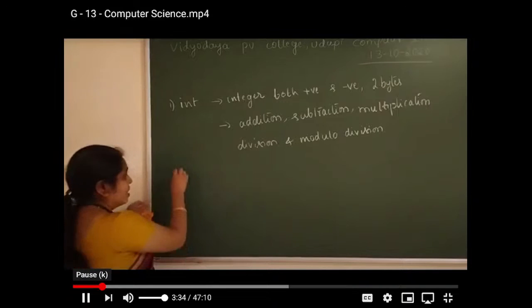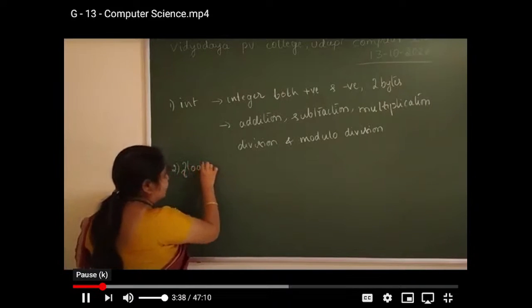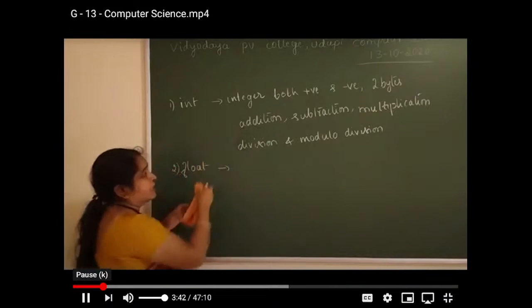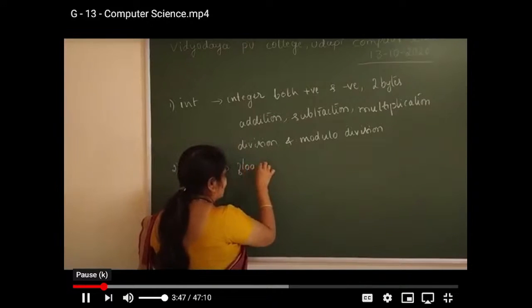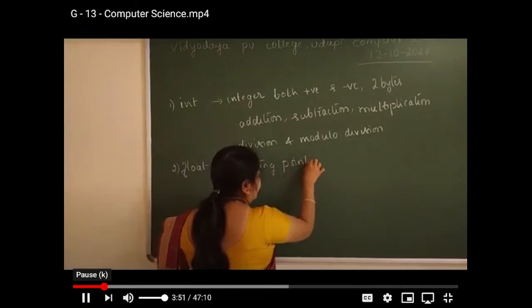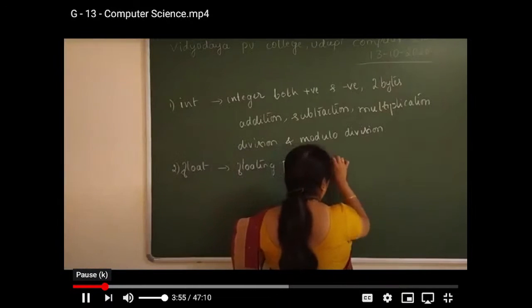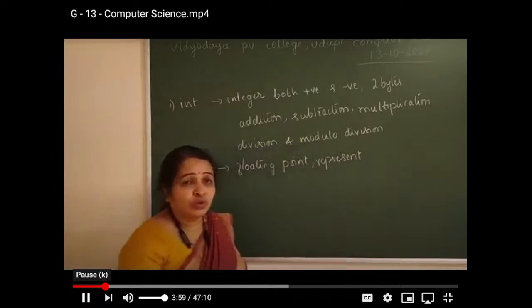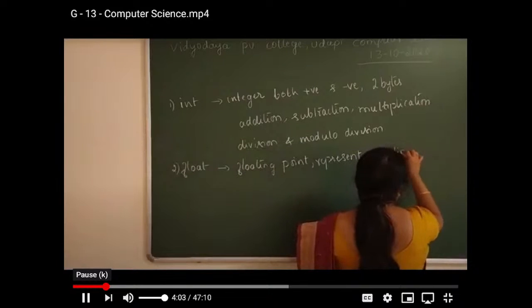Clear? Then the second one is the float, that is the floating point data type. What do you mean by floating point data type? They are used to represent fractions. What do you mean by this?